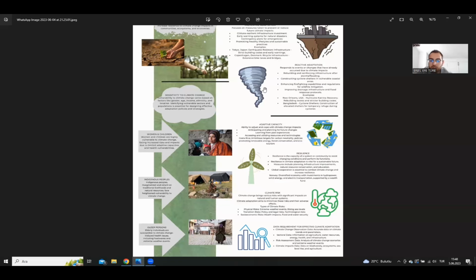Physical risk. Climate change poses risk to various sectors, including extreme weather events, rising sea levels, changing precipitation patterns, and ocean acidification. Transition risk includes policy and legal change, technological advancement, market change, and stranded assets.